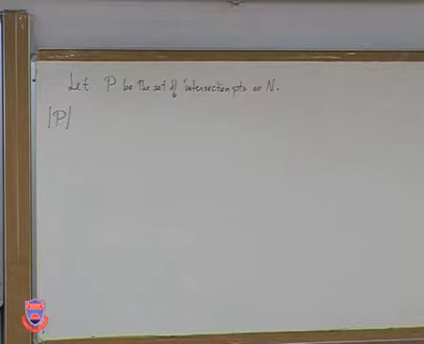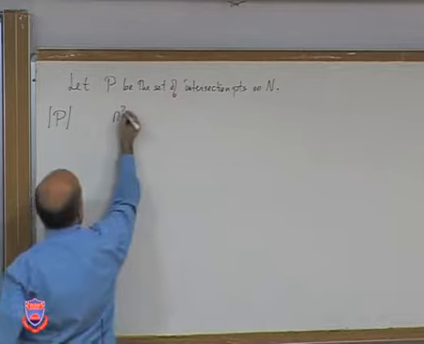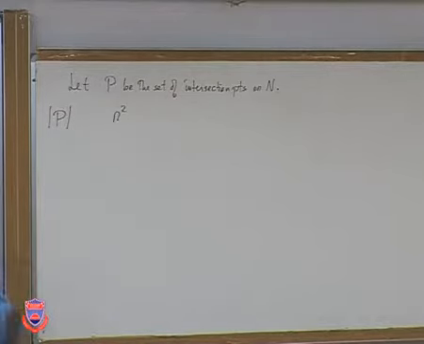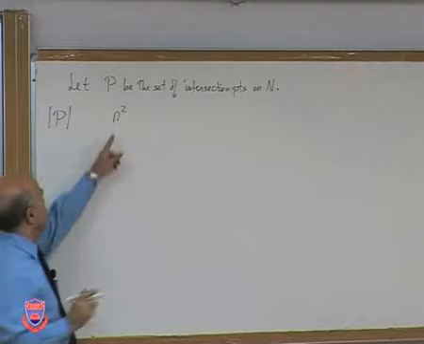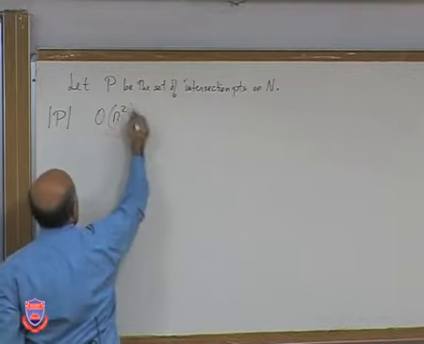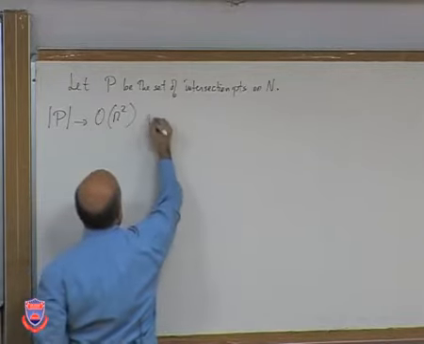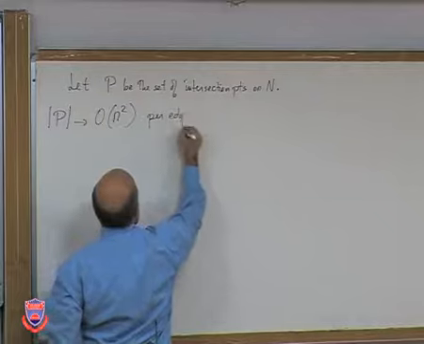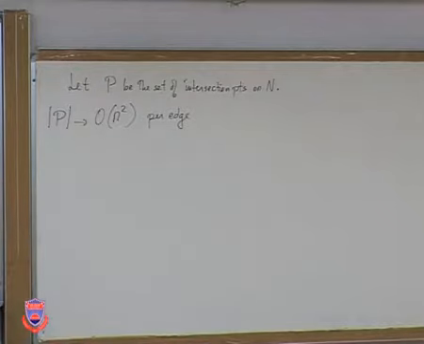For a given edge, you may have up to order of n squared intersections. Each pair of indices may supply an intersection point in a given edge. So n squared per edge. Of course, many of them may not be defined, but that's the worst that can happen.